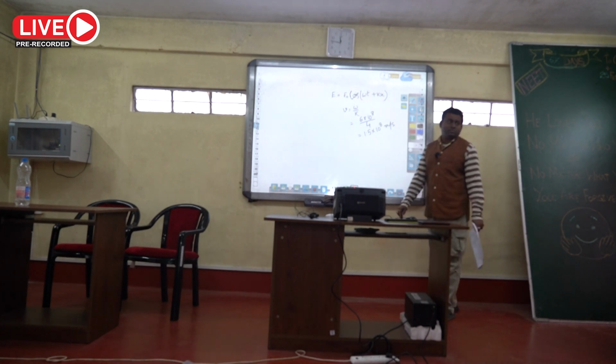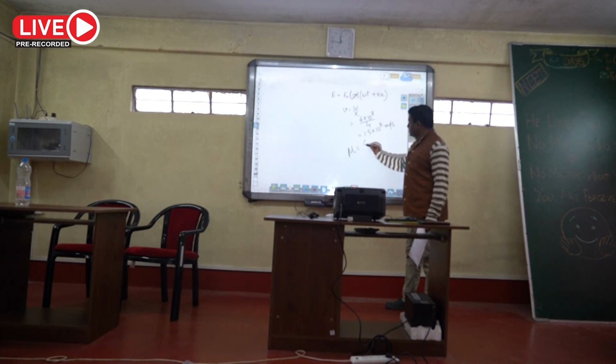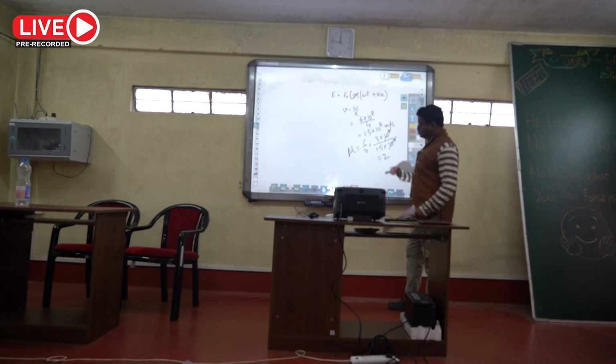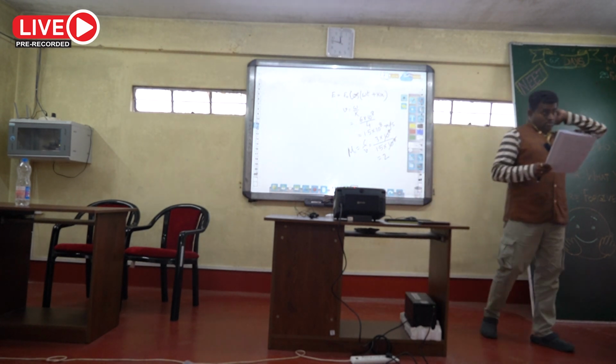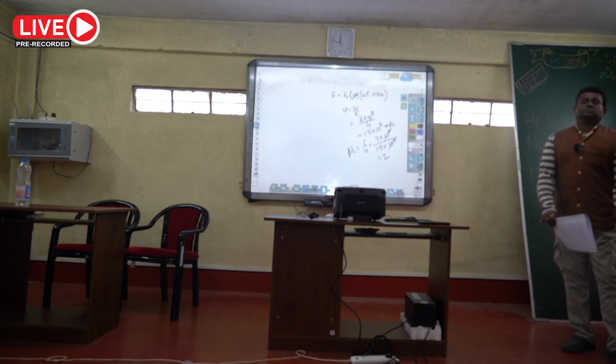This is the speed of this wave. Now we know that mu equal to c by v, so it is 3 into 10 to the power 8 by 1.5 into 10 to the power 8, this is 2. So refractive index of the medium is 2.